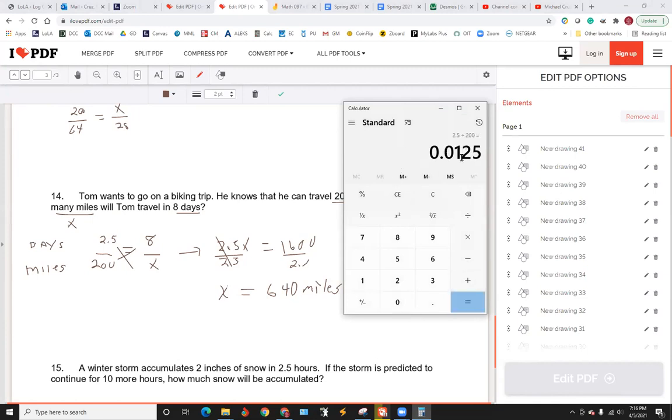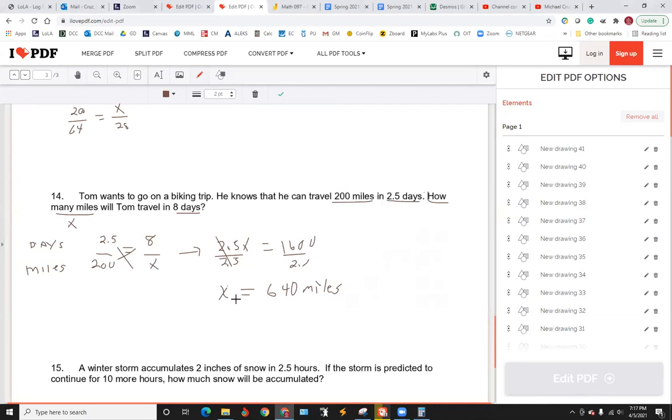That's essentially telling you that's an eighth of a day for every mile. Takes an eighth of the day. But if you had done it like this, you find out that that's 80 miles a day. But it doesn't matter which one you put on top and which one you put on bottom. It's just that you got to match up going across.